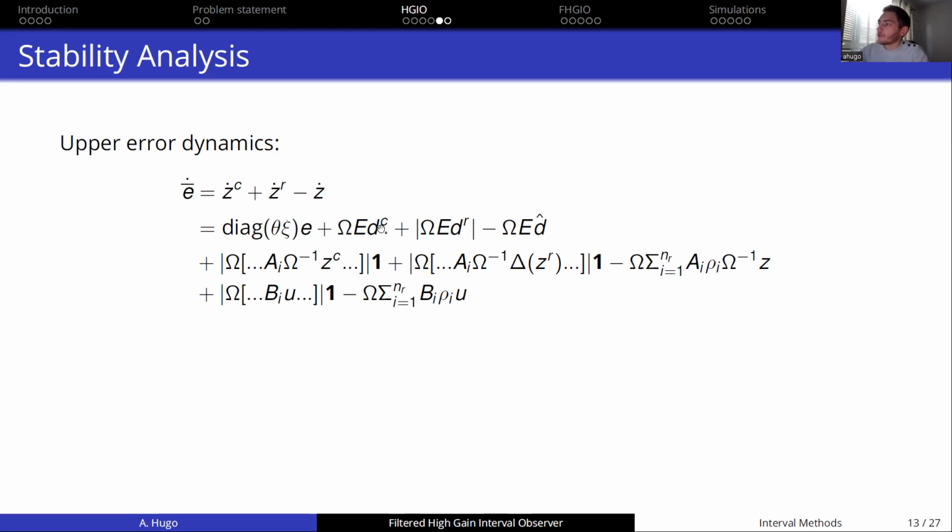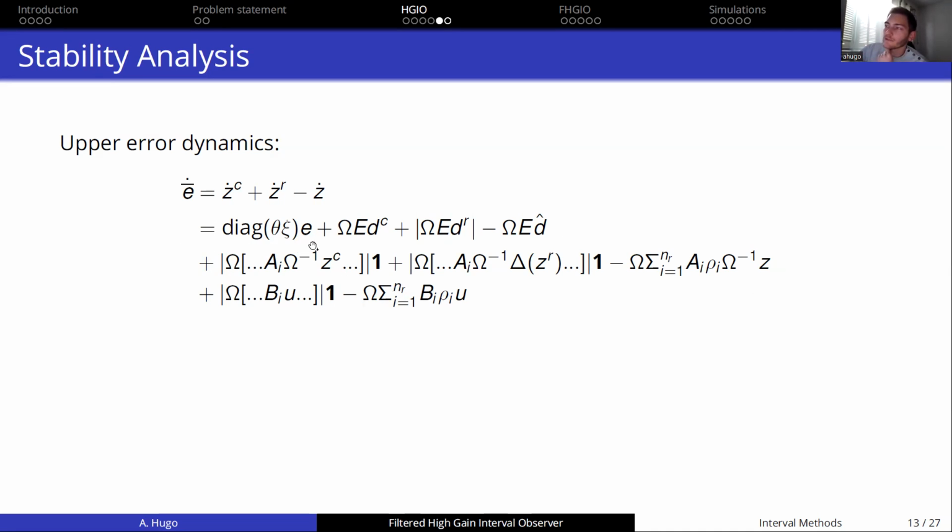We arrive at these terms, and all of these terms can be grouped in order to form positive terms. We first look at the terms related to the disturbances here, and it can be proven that this one is greater than 0. Same for the second line, and the same for the last line.